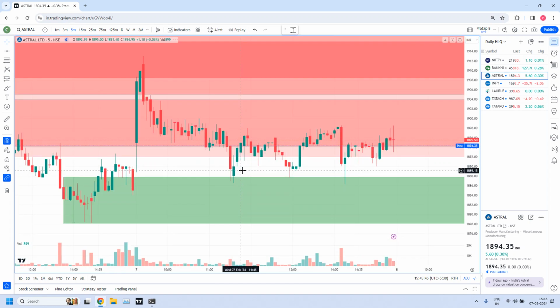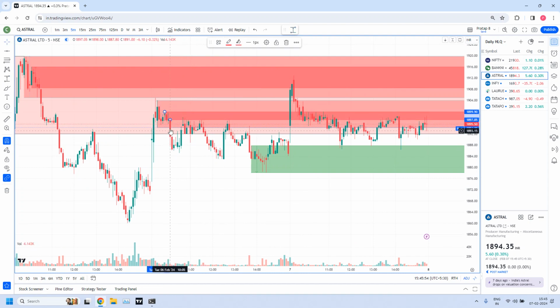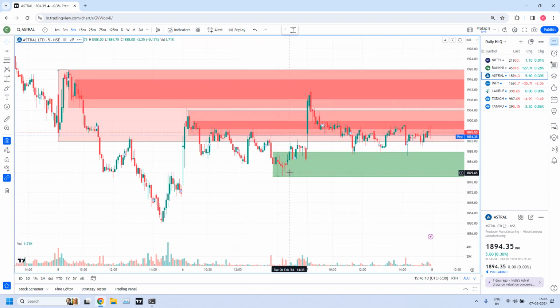Let me show you the 5 minutes time frame. So here we have a 5 minute zone. This is a drop, 1, 2, 3, 4, 5 base candles and again a drop. And this zone is already tested, this 5 minute zone. So that's why we planned a trade on the fresh 5 minute zone.